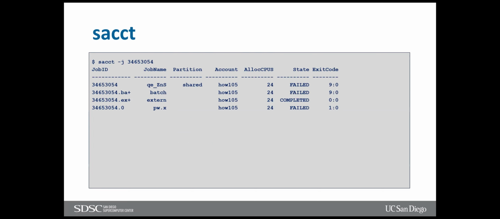We see a little bit less information because we don't have the user, but we do know the account it was run against. We know how many resources it requested and that it failed. With the sacct command, as I mentioned, it is a very long, broad list of information you can get, and you can find all sorts of things, like what was requested, when it started, when it ended, et cetera.